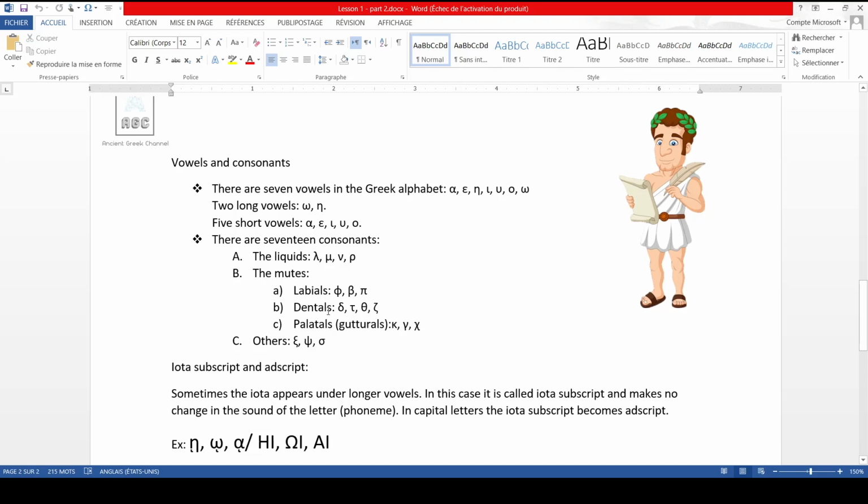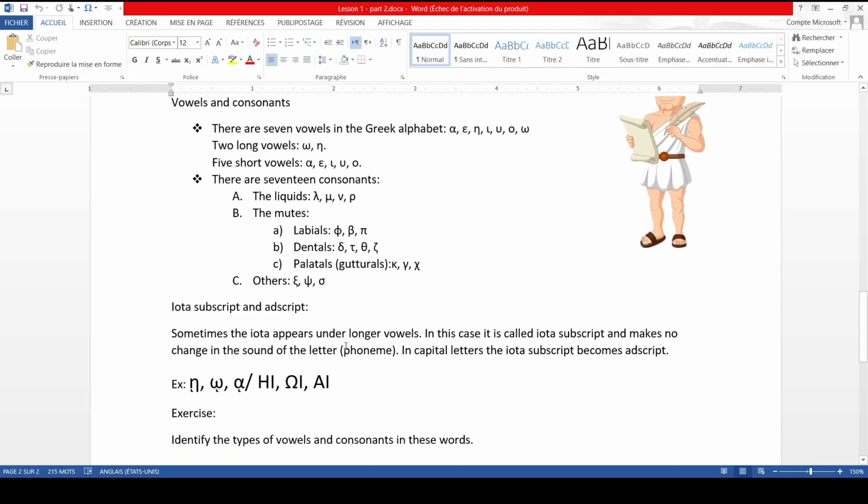The dentals that involve the teeth in their pronunciation: delta, tau, theta, zeta. The palatals or gutturals that mainly involve the throat in their pronunciation: kappa, gamma, and chi. And the other consonants: xi, psi, and sigma.